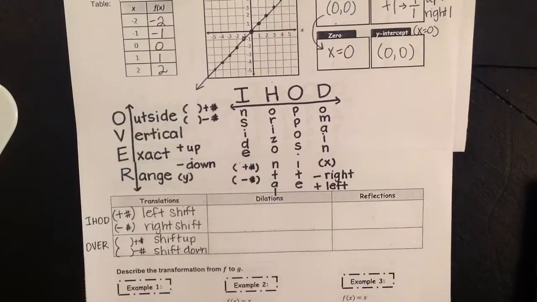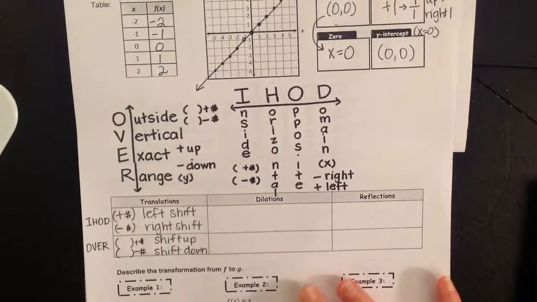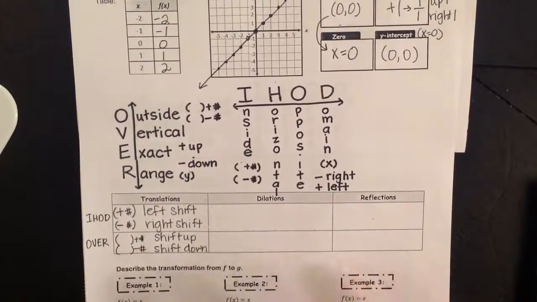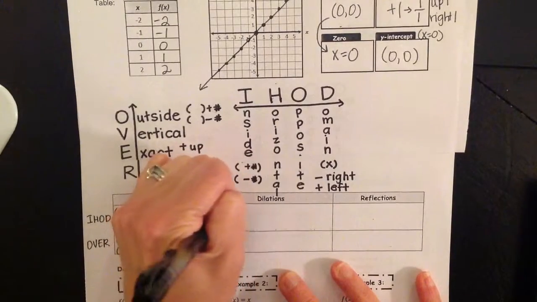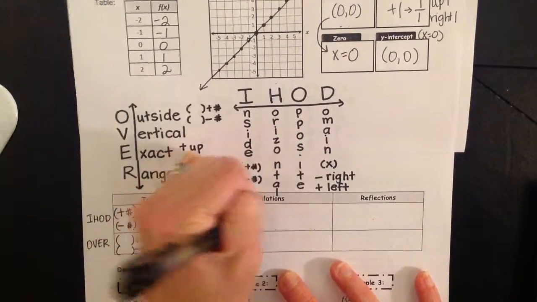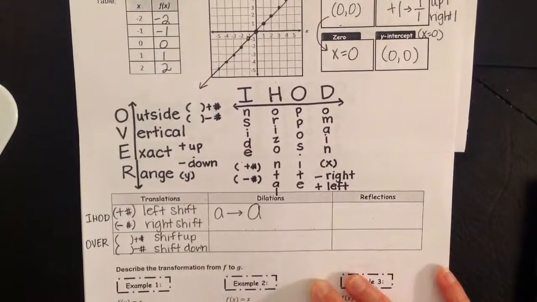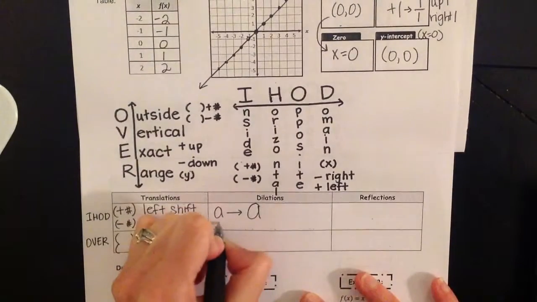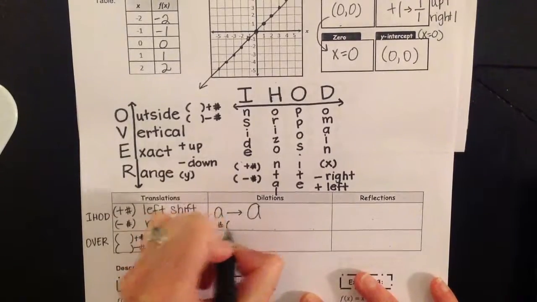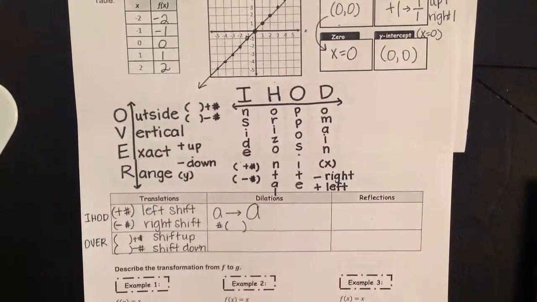For dilations, you don't really have a dilation. What you have is your A value. Your A value is the number in front of your parentheses, the coefficient on your x.